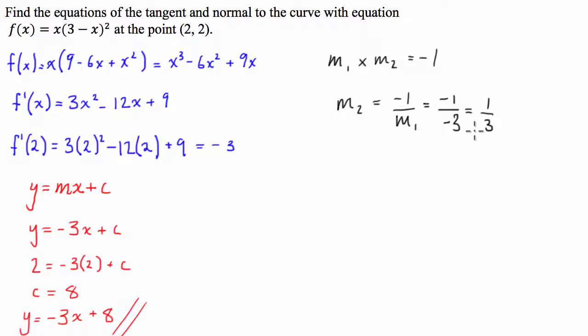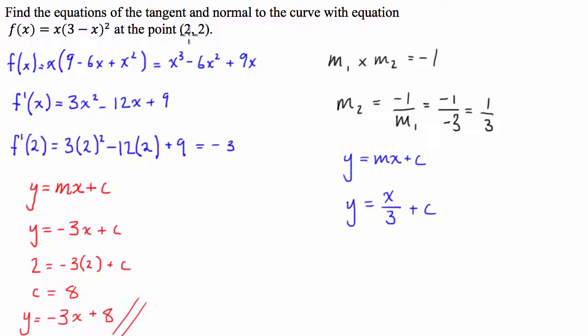Cool. So our normal is also going to take this form. So let's just write that in. So we're also going to have y equals mx plus c. And we now know what the m's going to be. It's going to be 1/3. So we know that y is going to be equal to x divided by 3 plus c. And like the tangent line, the normal also passes through this point, 2, 2.